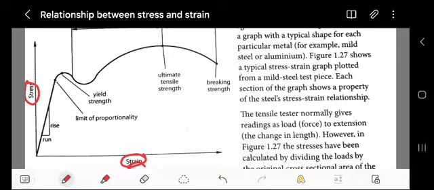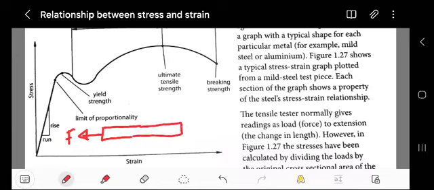We're talking about the relationship between stress and strain. So let's say we have a metal. You pull this, you apply a tensile force in that direction.